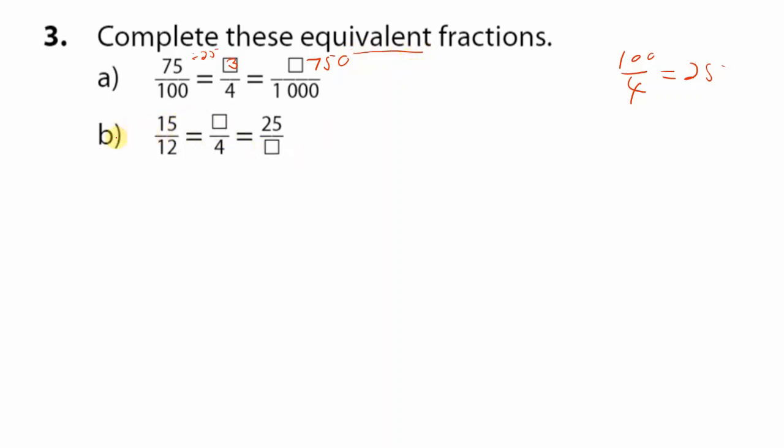So try number B on your own. I'm going to give you a bit of time. You basically have to ask yourself, how do you get from 12 to 4?